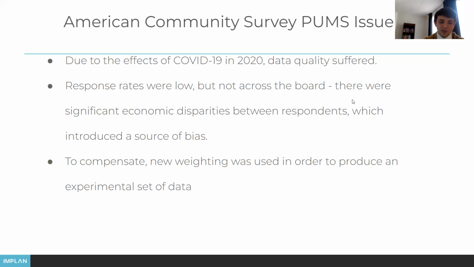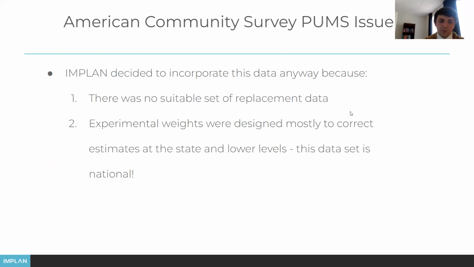But IMPLAN decided to go ahead and use this data regardless. The reasons for that are, one, there was just not really a suitable set of replacement data. And two, the experimental weights were developed and targeted mostly at producing state level and lower estimates. But as I mentioned at that first assumption, IMPLAN uses national data, so we're a lot less affected.